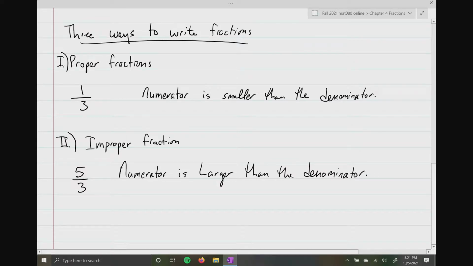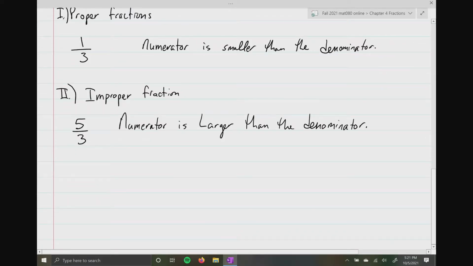Okay? And then the third type of fraction we have is what we call a mixed number, or sometimes you might hear it referred to as a mixed fraction.